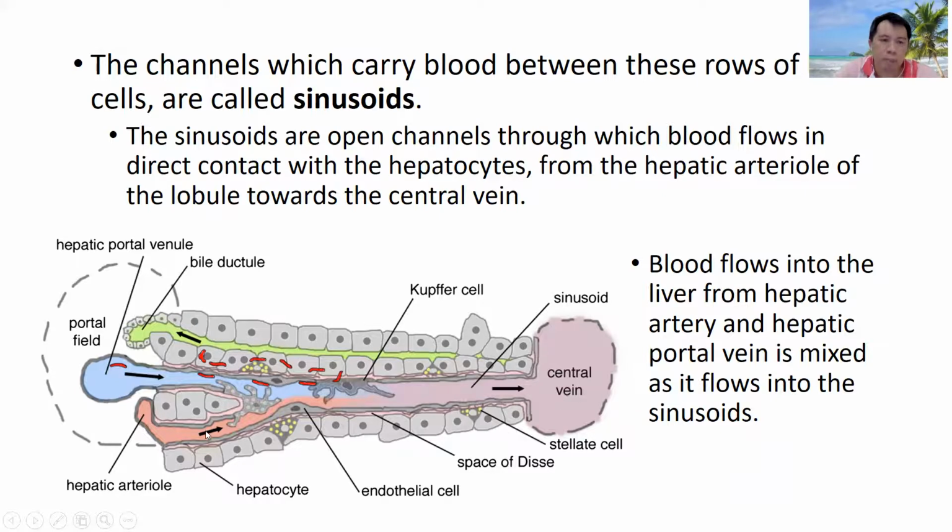That means the blood from the hepatic portal vein, which is rich in nutrients from the small intestine, will mix with the oxygenated blood from the hepatic artery in the sinusoid, before they channel into the central vein. The blood flows into the liver from the hepatic artery and the hepatic portal vein and is mixed as it flows into the sinusoid. So remember, into the sinusoid.